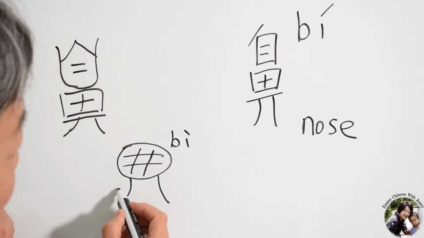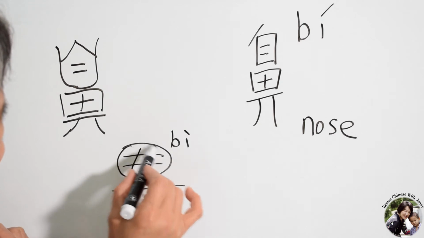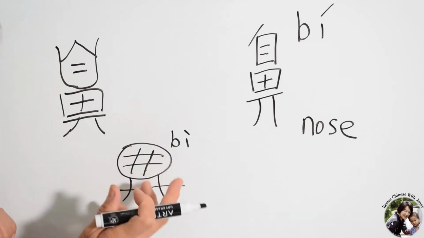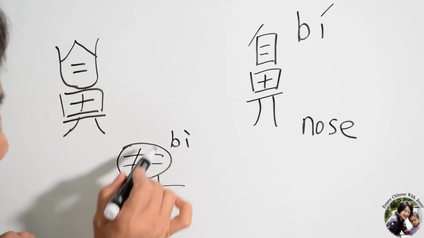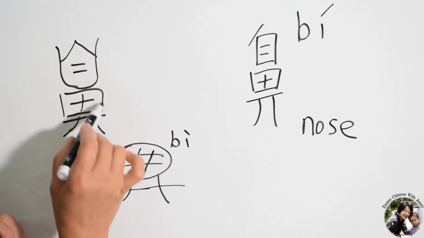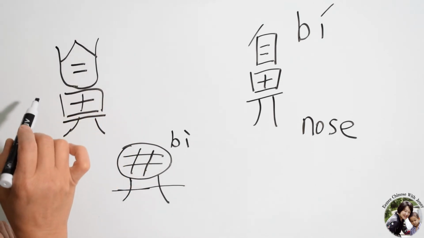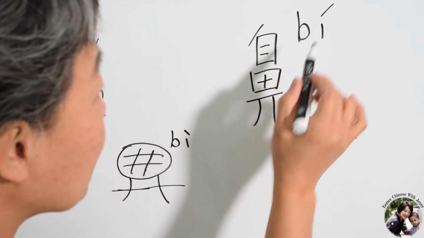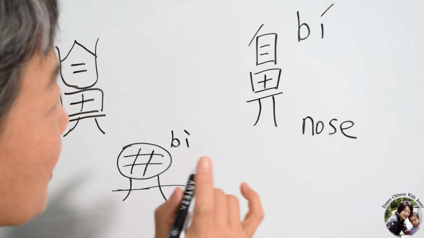Of course, the water level probably is here. And then you put your food on top of this and you steam your food. The pronunciation of this thing is "bi." So this gives the pronunciation and this gives the meaning. So together, the pronunciation is "bi." It means nose.